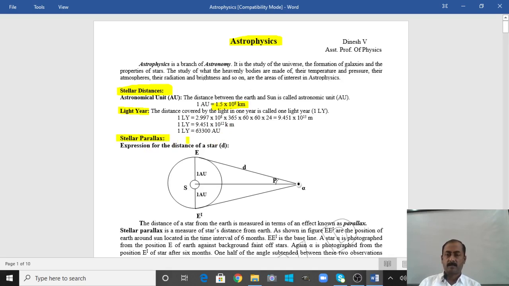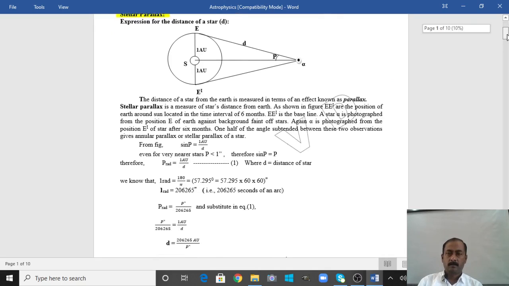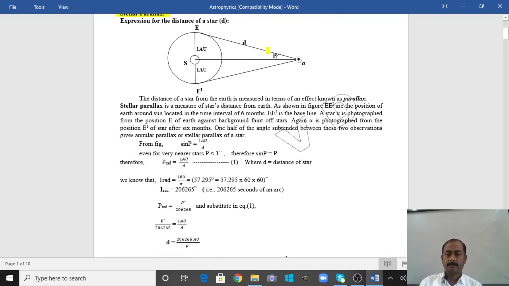Let us see stellar parallax. What do you mean by stellar parallax and how it is calculated? See the diagram here.